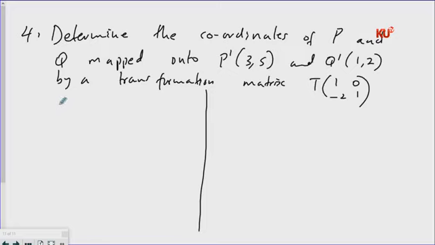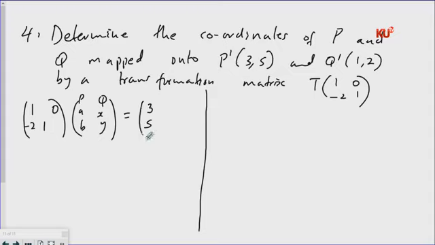So if I take now my matrix, which is 1, 0, negative 2, 1, we multiply this one by P and Q, and let's give our P the coordinates A, B and give this one X, Y. It should give us the image, which is 3, 5, and then we have 1, 2. So this is our P prime, Q prime.